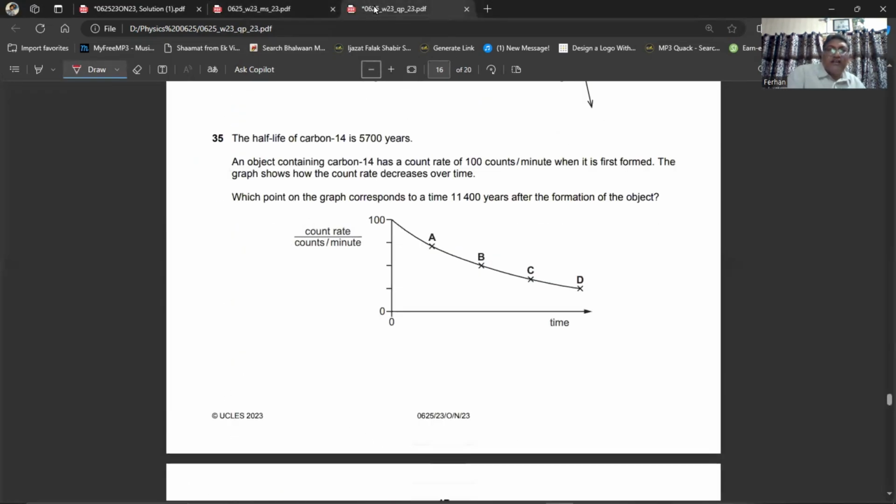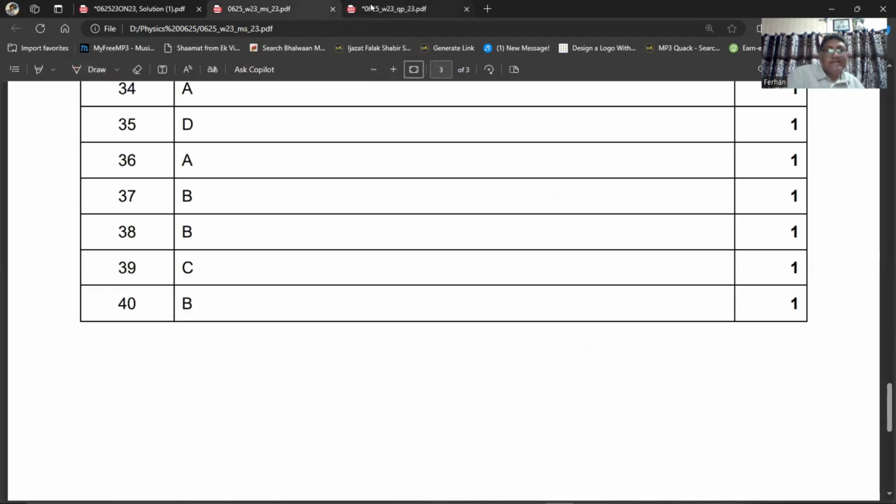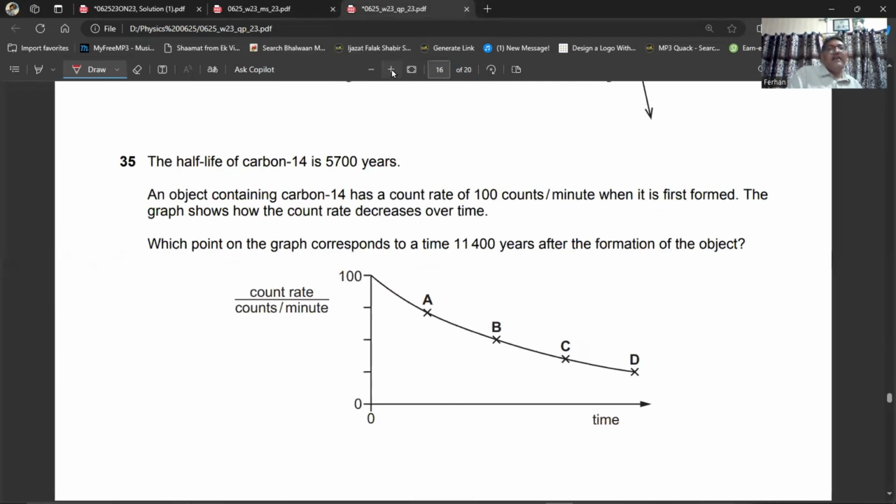Question number 35. The half-life of carbon-14 is 5,700 years.